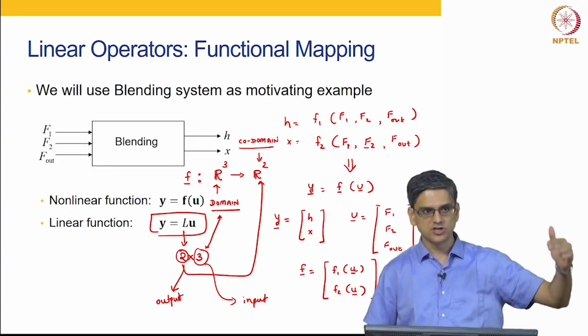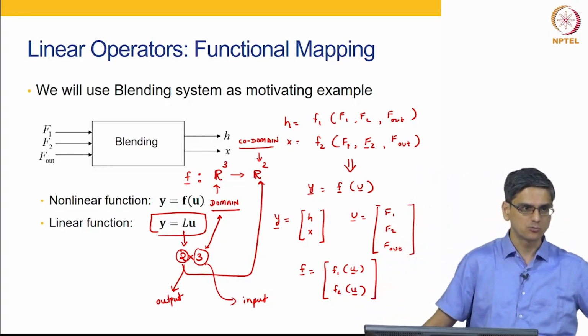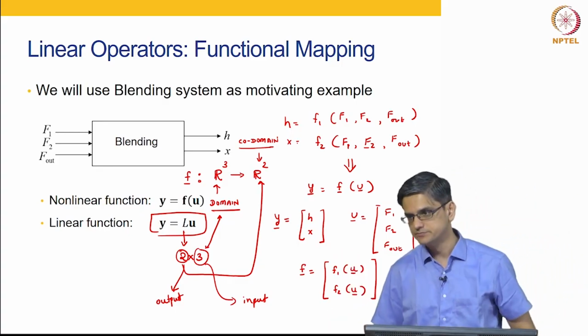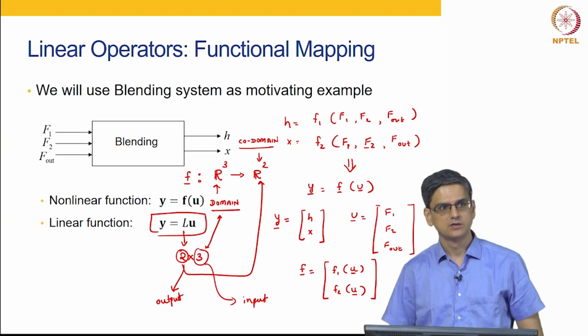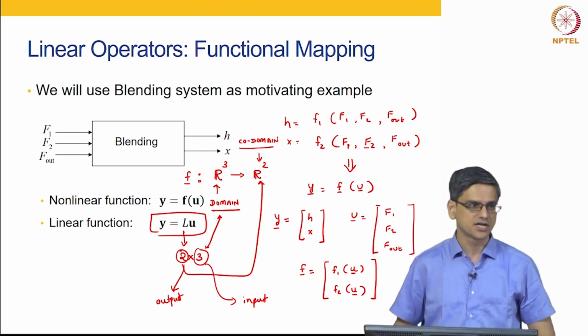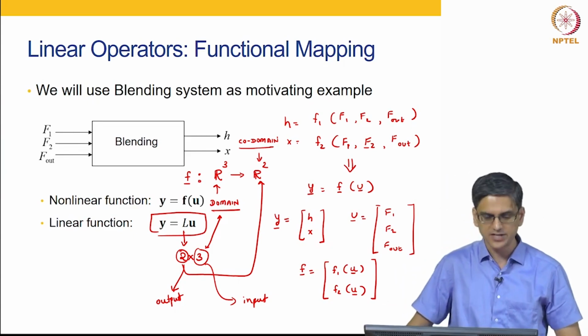Number of rows is going to be equal to number of outputs, number of columns is going to be equal to number of inputs. Because the superposition principle and linear addition, subtraction, multiplication all hold, therefore, L is said to be a linear operator.